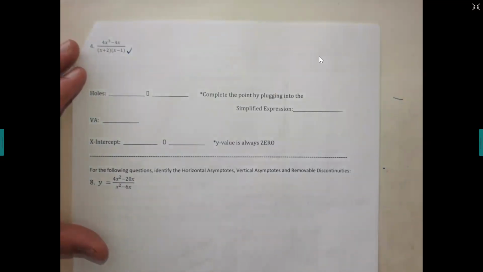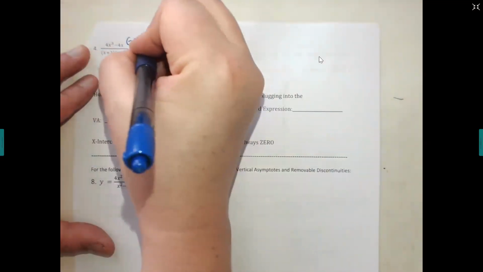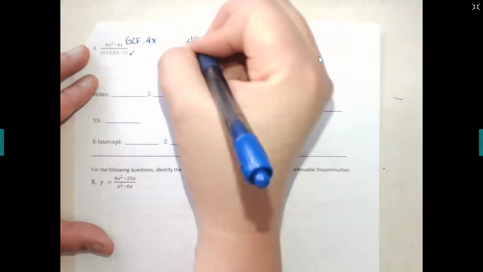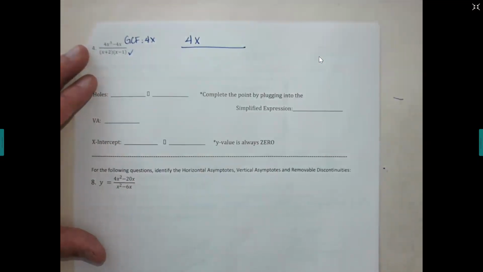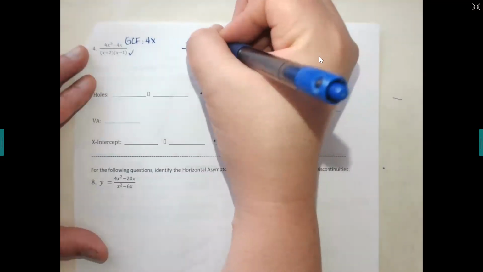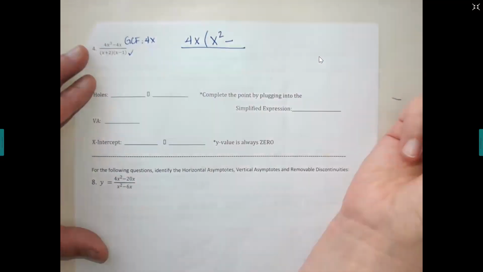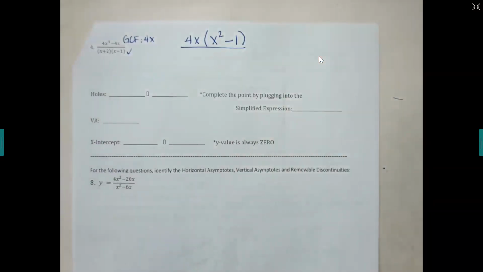Is there a GCF I could take out? Okay, 4x, very good. So my 4x is gonna get pulled out. What is that gonna leave behind from a 4x cubed? X squared. And then a minus 1, very good, because you have to leave something. So if it was a 4x and I take the whole 4x out, leave a 1 there as a placeholder.